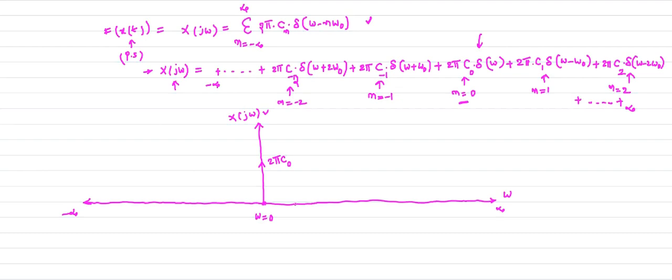Now at omega equal to omega naught, I want to calculate this entire expression. At omega equal to omega naught, you observe here, this is the only signal defined at omega naught. All other signals are 0. The delta of omega signal is only defined at omega equal to 0.